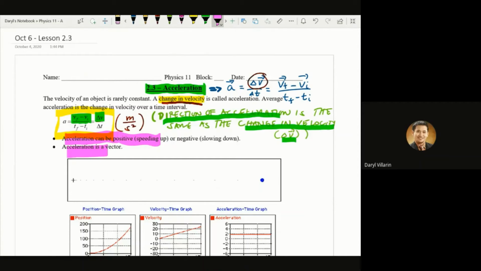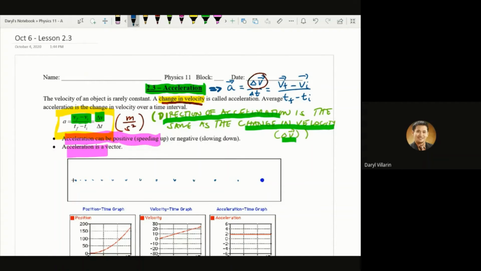So if a particular object is accelerating, look at this position of the object against time. The distance increases between the small dots there.